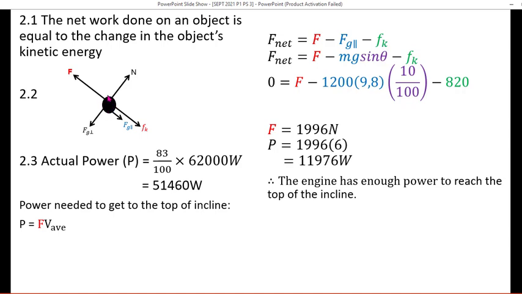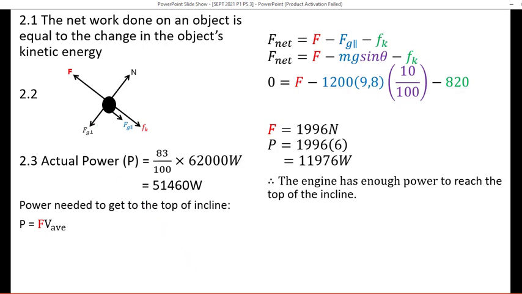The car has a dot, and for the gravitational force we use the components method. The parallel component is in the same direction as the frictional force, and the perpendicular component is in the opposite direction to the normal force. So that is the answer for this question.